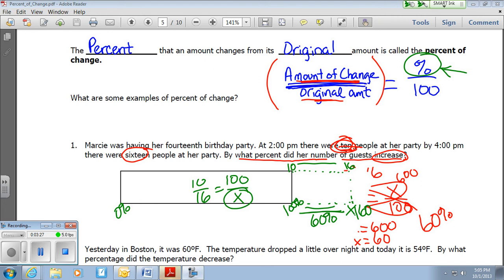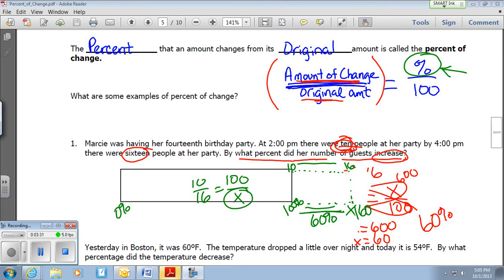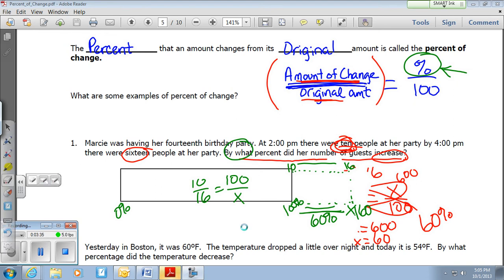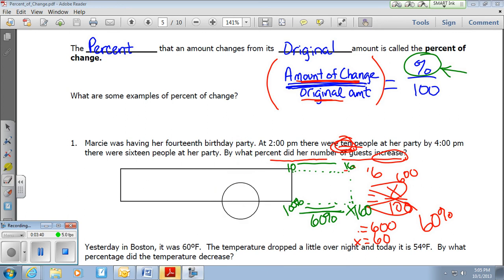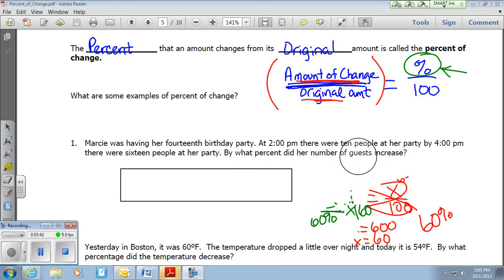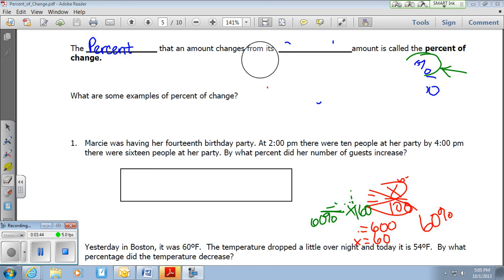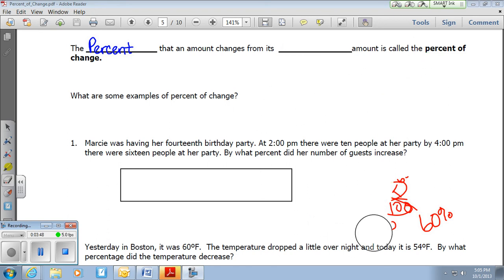So that's how I would use the percent bars for that. Now let's move on to the next problem. Just keep in mind that you can use the proportion or the percent bars to help you with your proportion.